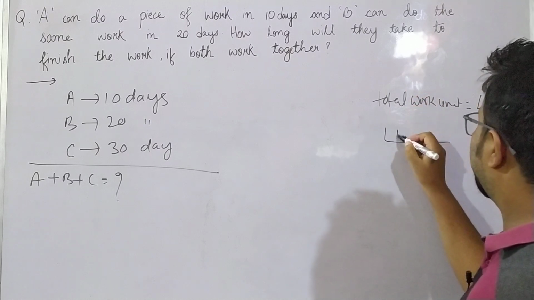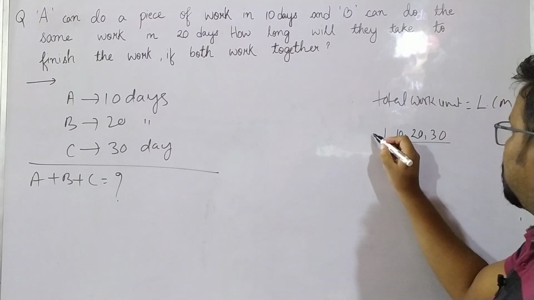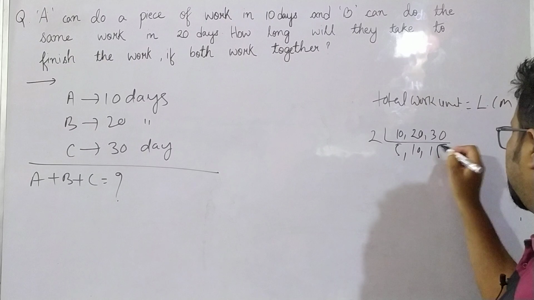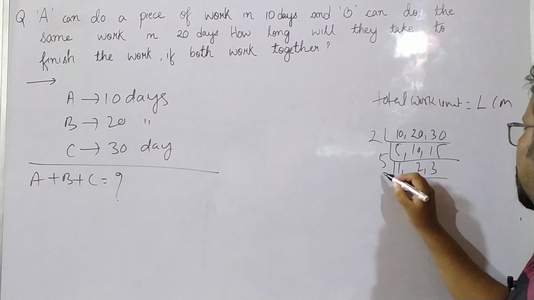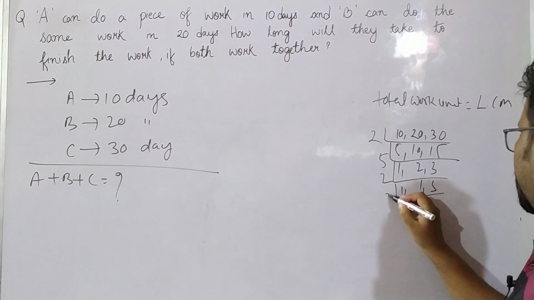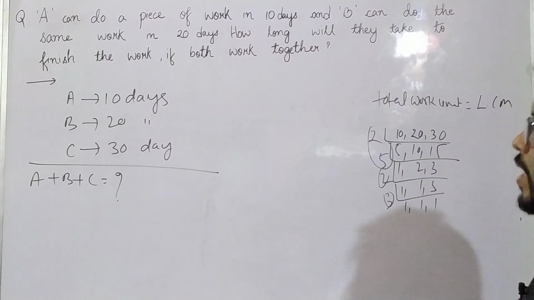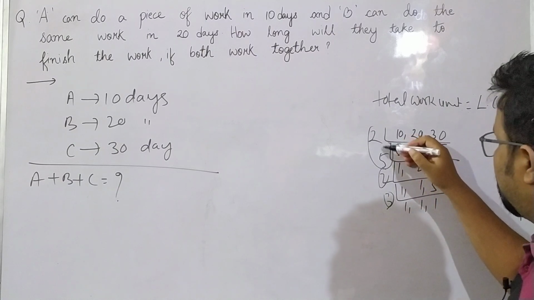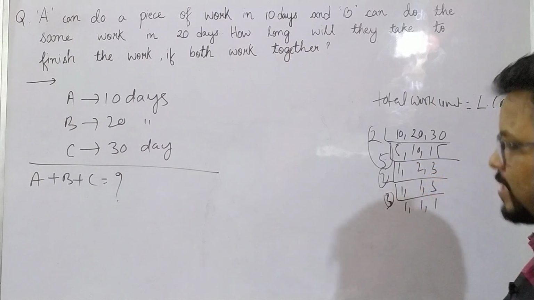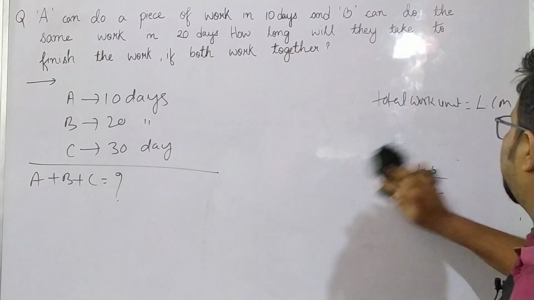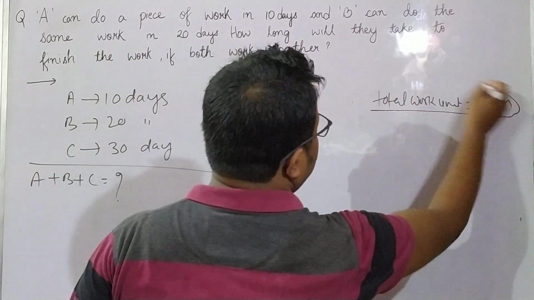Okay, the LCM is 60. So the total work is 60 units.